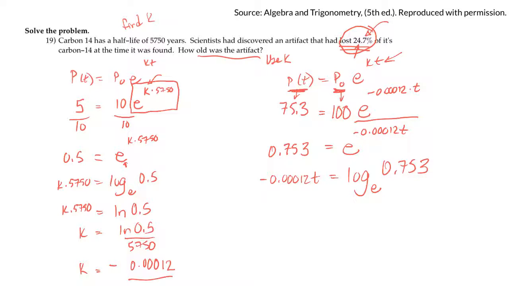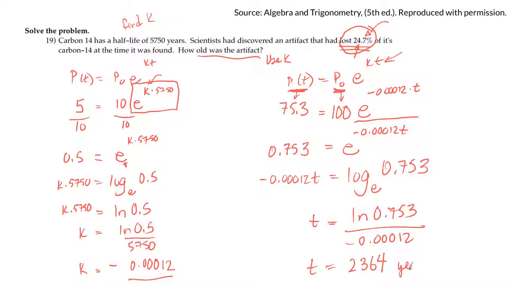Log base e is the same as ln, and divide both sides by negative 0.00012. That'll tell me how old the artifact was. The artifact comes out to be 2,364 years old.